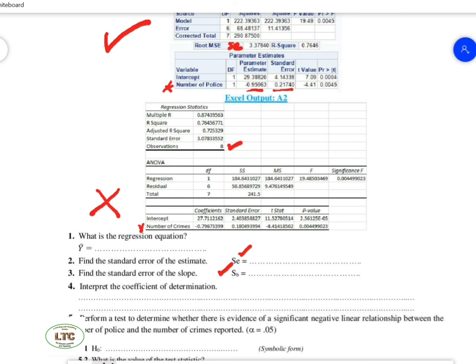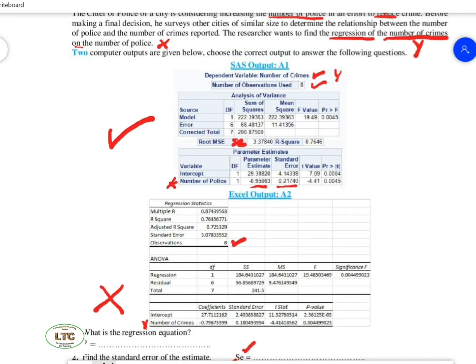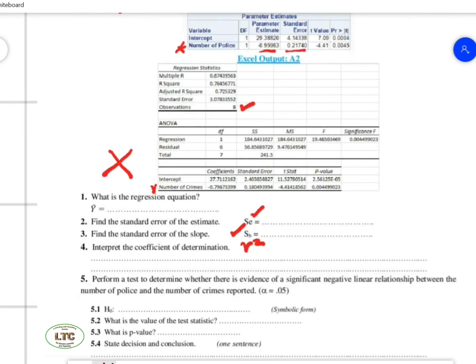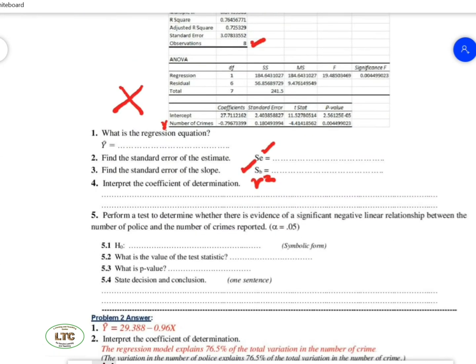You write about R square in percentage form. R square is here 0.7646. Therefore, percentage is 76.46%. 76.46% of the variation in Y, number of crimes, is explained by the regression model, or explained by the number of police X. And you get all answers.